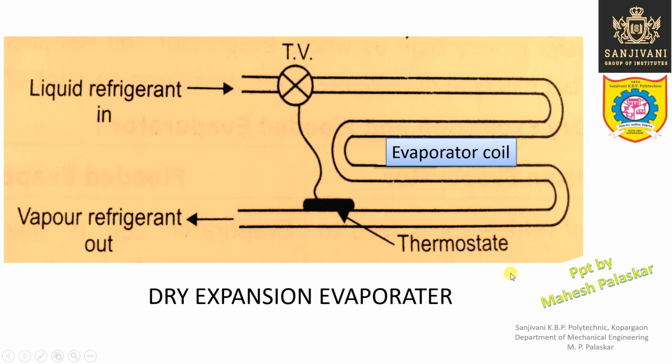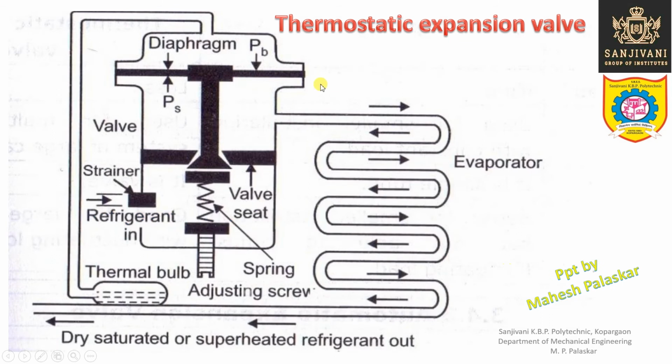As I have told you, the dry expansion evaporator is used along with the thermostatic expansion valve. In the previous video I studied the thermostatic expansion valve. Once again I am going to show it. This figure and the previous figure are almost the same, but in the previous figure the valve was shown symbolically. Here, since we are studying the valve, it is shown in detail, right? So it is the same thing represented in a different way.